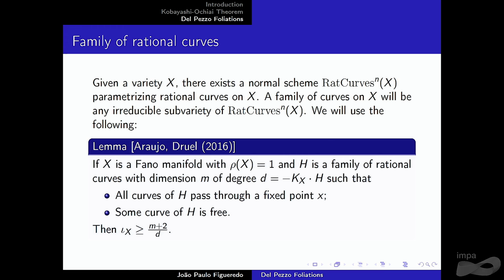So this gives a bound on the index of the Fano. If this bound is big enough, this will imply that X is easy to describe.